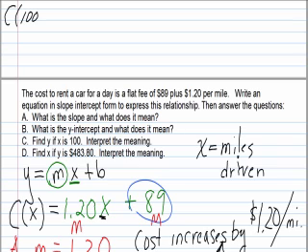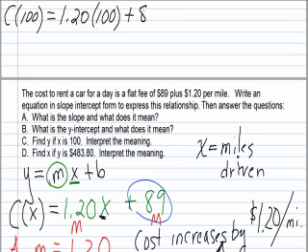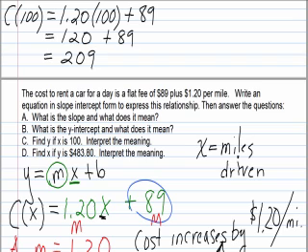That's the same as saying find y if x is 100. That means in place of x, I will put the value 100, then multiply it by 1.20, add it to 89, come up with a value, and now interpret what it means.